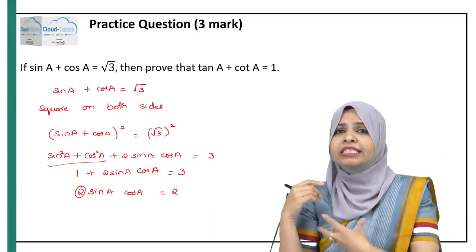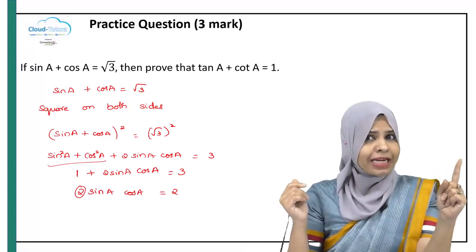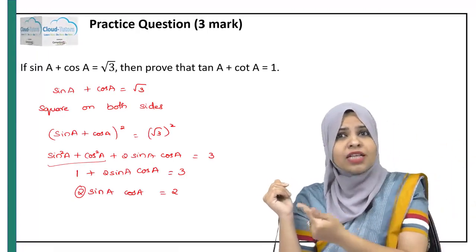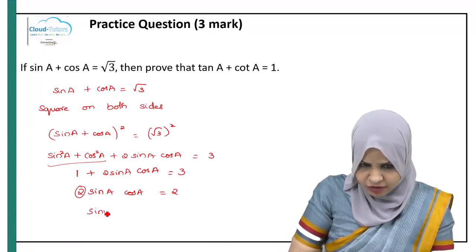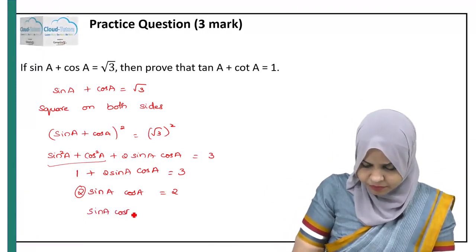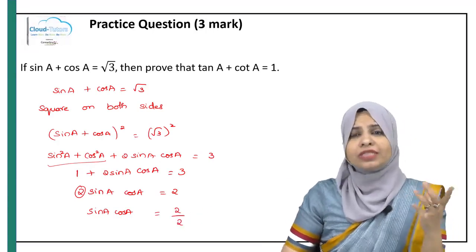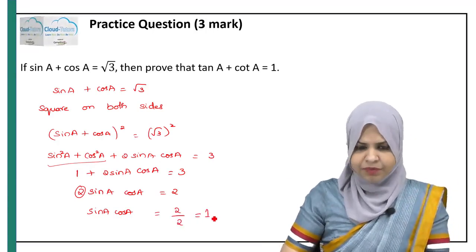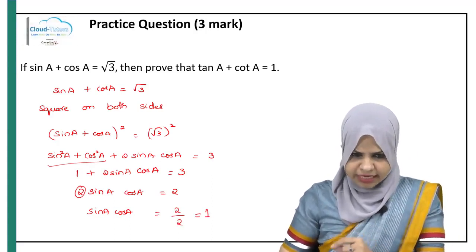So when 2 is transposed to the other side, it divides, because what multiplies on one side, transposed to the other side, it divides. So this would be sin A cos A is equal to 2 by 2. 2 by 2 is nothing but what? 1.